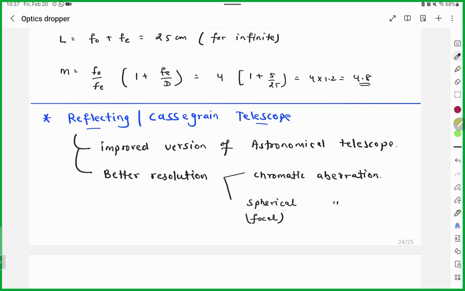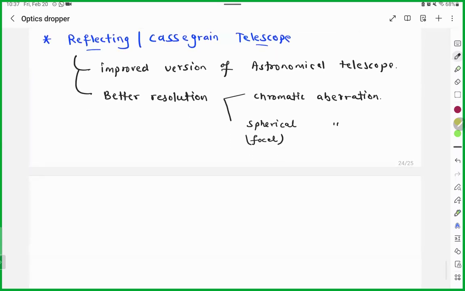In case of the astronomical telescope, the size is very big, so it is difficult to handle. Here, this is handy. Small size, so you can easily manage this.